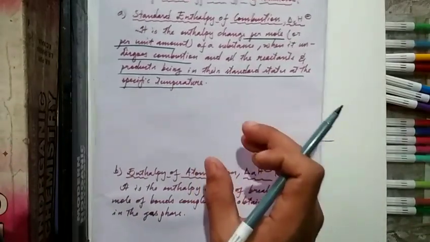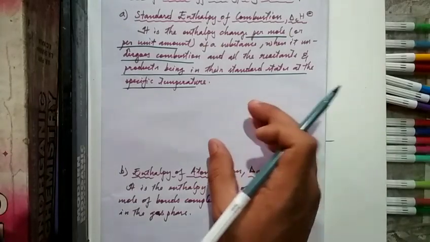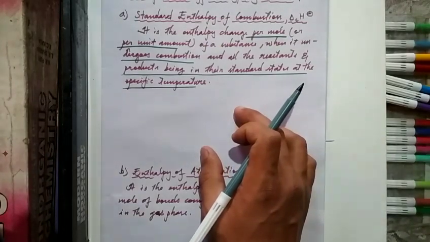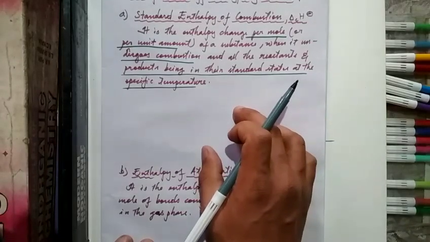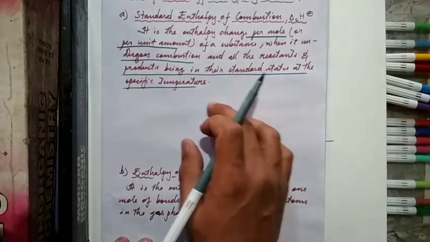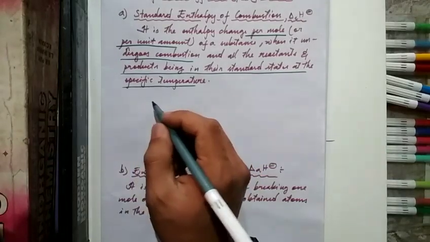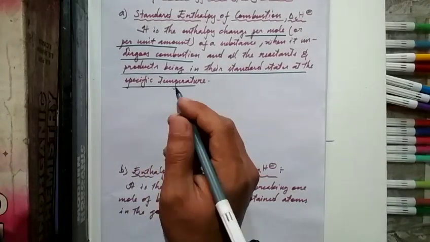So the reactants and products should be in their standard states. Now let's see one example to understand it better.